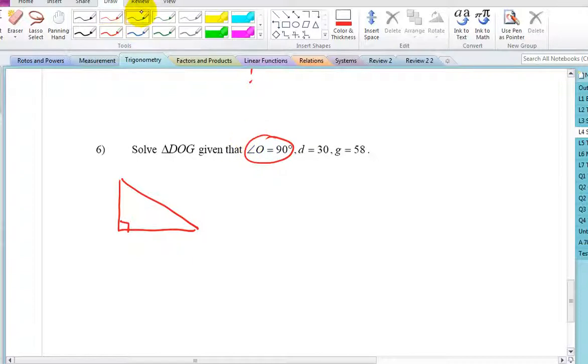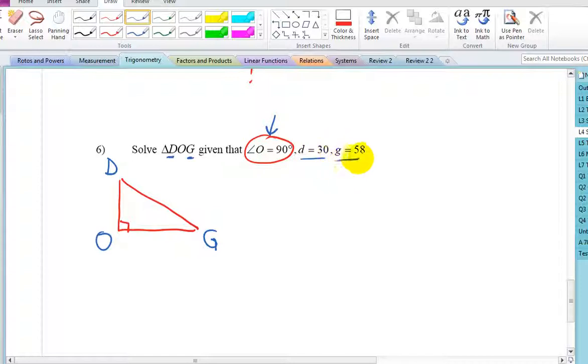So put your label O at 90 degrees. Does it say anything about D and G? Not at all. So you just put them on there wherever you want. I'm going to put D on the top and G on the bottom. It doesn't matter where I put them as long as O is 90 degrees. That is very important.